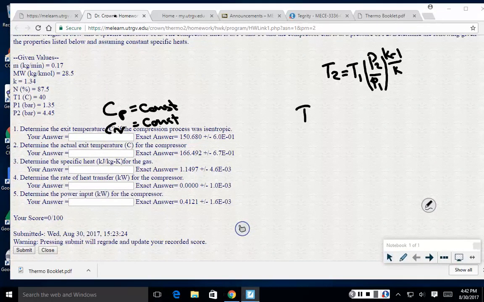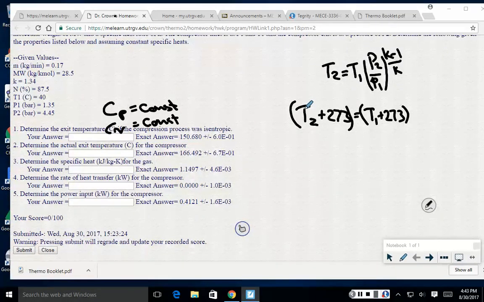So T2 plus 273 equals T1 plus 273. Since I'm working in degrees C, but I need in the equation to have degrees Kelvin, or 273.15 to be exact.